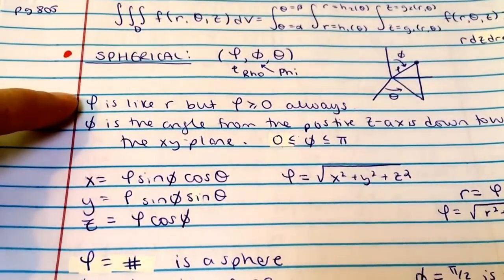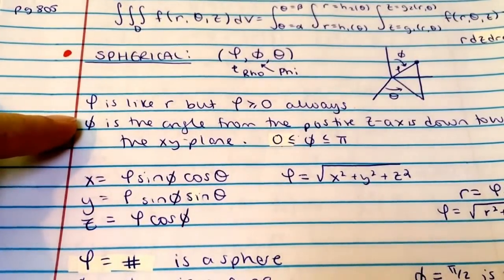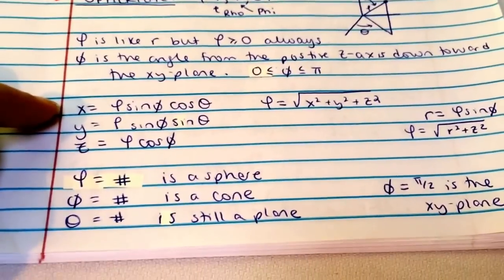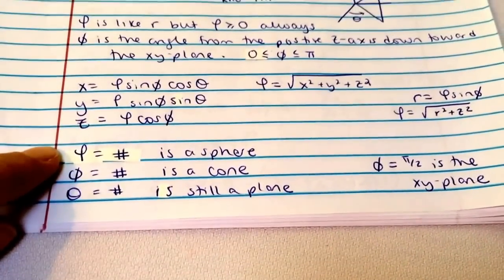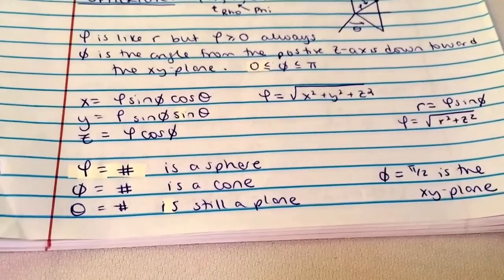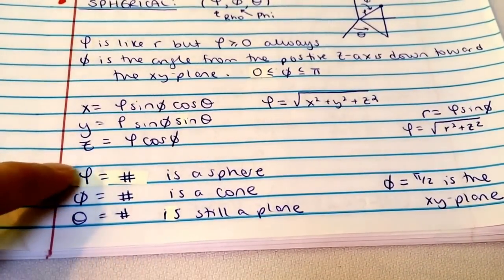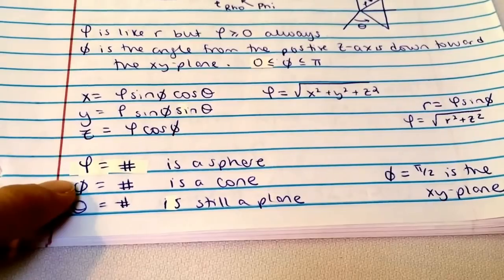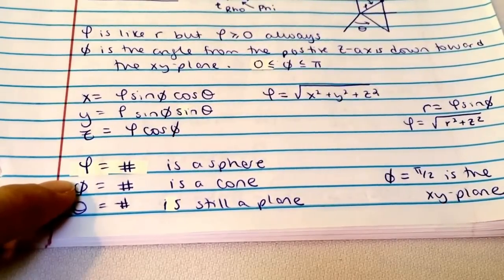Again, rho is always positive. Phi cannot be any bigger than pi. Here are your formulas. And then here's some, I don't know if this is in your book in terms of paragraph form or with an example, but I don't know if it's in there just like this. If rho is a number, that's a sphere. If phi is a number, that's a cone.